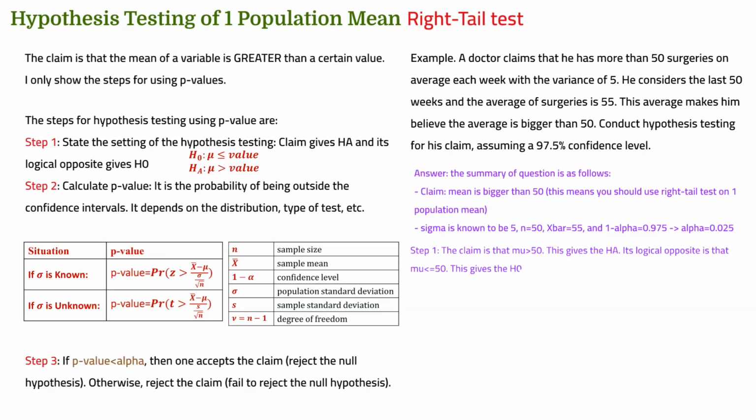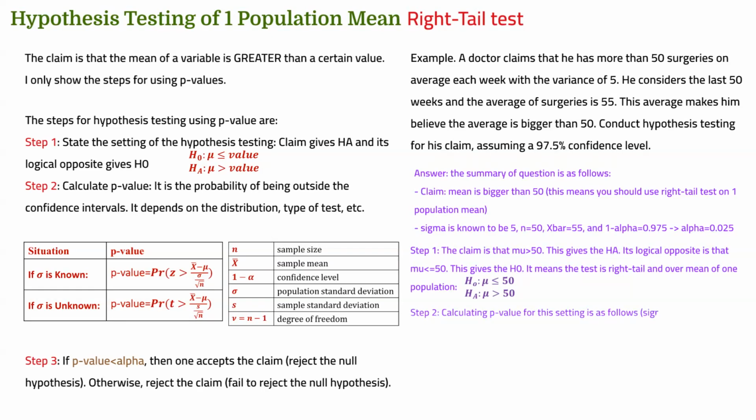This gives HA. Its logical opposite is that mu is less than or equal to 50, that means H0. And the setting is HA: mu greater than 50, right tail test, and H0, the logical opposite, mu less than or equal to 50.